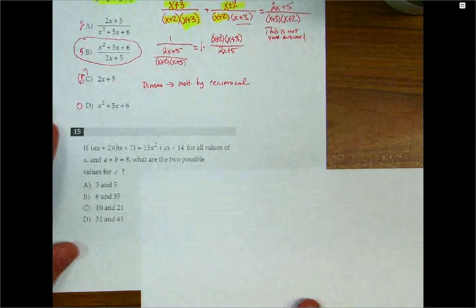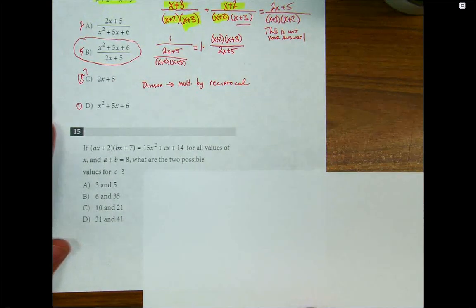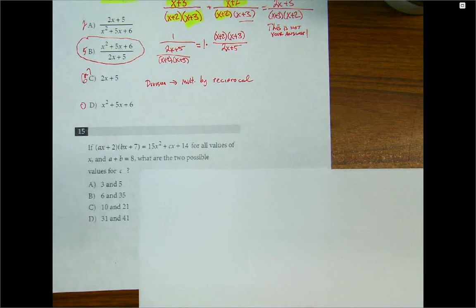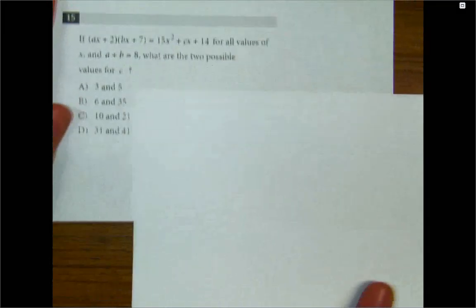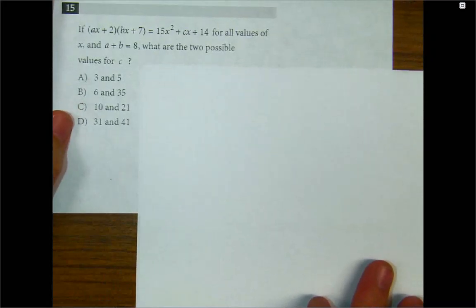Now 15. Let's zoom in just a wee bit. This is another problem that I really like. I think this is going to be probably one of the hardest problems that you'll see on the test.